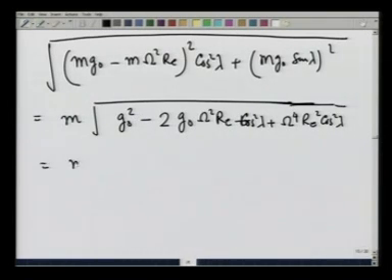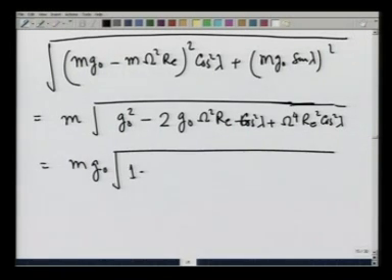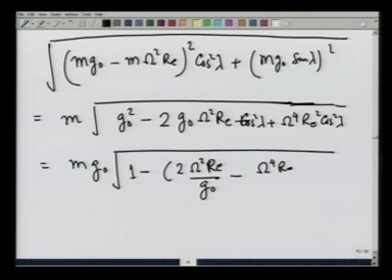I can take out g0 also: m g0 times the square root of 1 minus 2 omega square re over g0 minus omega raised to 4 re square over g0 square, times cosine square lambda.